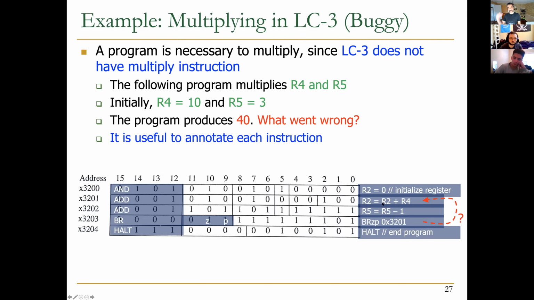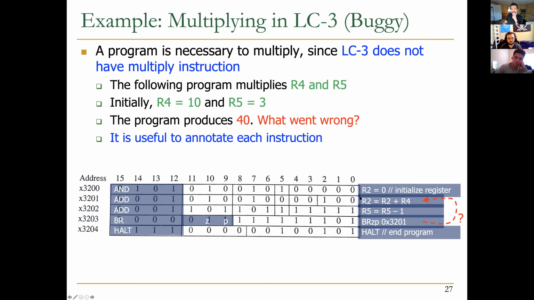So here, the first time that we hit this instruction, we put 10 into R2, so R2 is 10. Then R5 becomes 2. Because R5 is 2, we branch. Next time we add 10, so it becomes 20. R5 turns to 1.